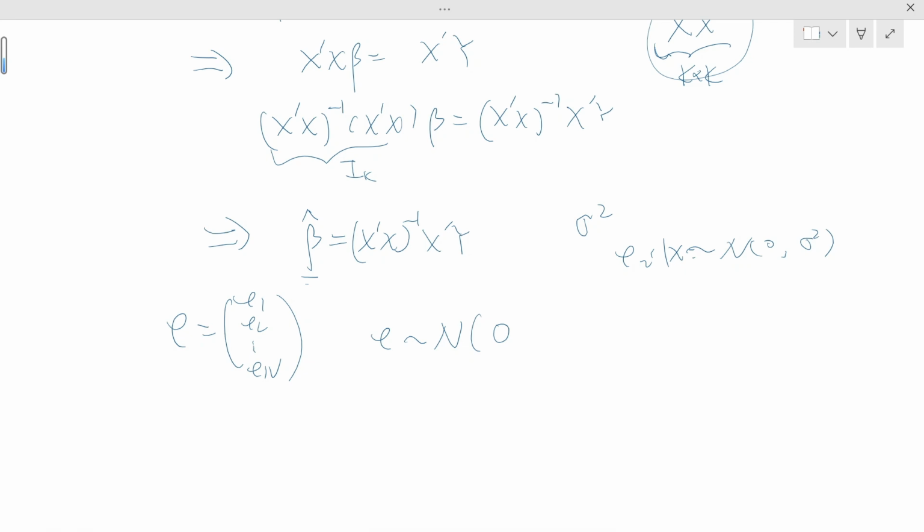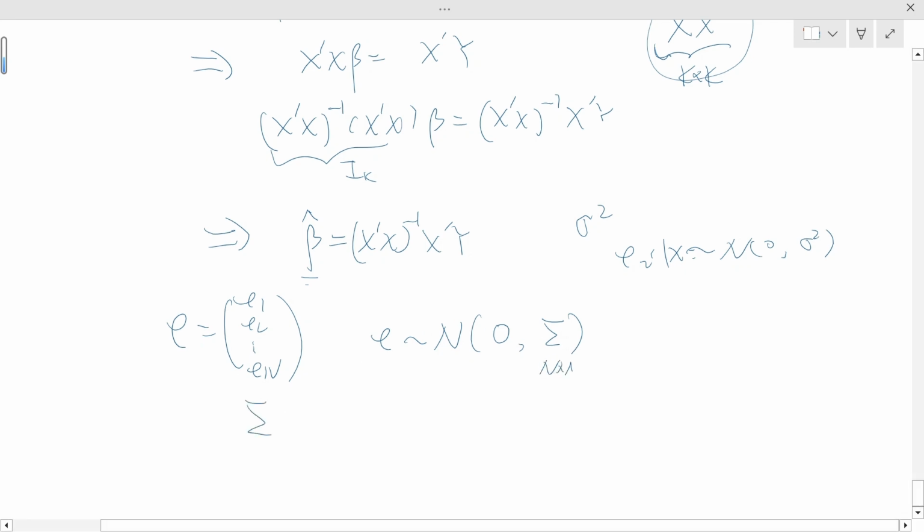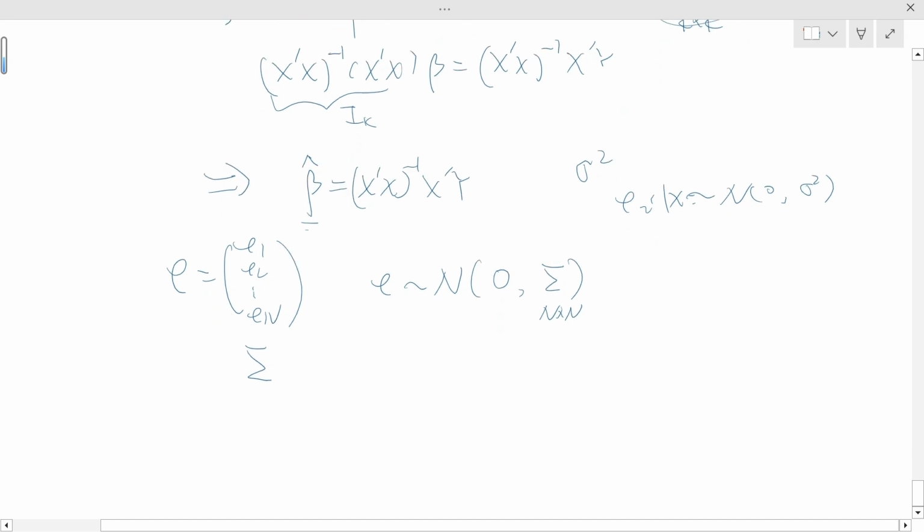So now epsilon is normally distributed with mean 0, where this 0 is an n by 1 vector with each component 0, and this is called the variance covariance matrix, which we call sigma. What is sigma? Sigma is an n by n matrix, the variance covariance matrix of epsilon, which is equal to the expected value of epsilon times epsilon prime.